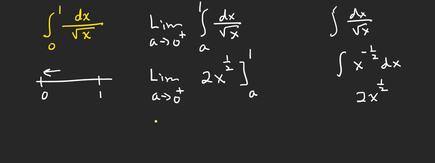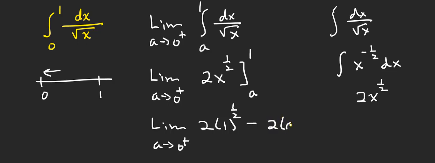So let's plug it in. You're going to get the limit as a approaches 0 from the right, 2 times 1 to the 1/2 minus 2 times a to the 1/2. You know that will go to 2. What about this one?